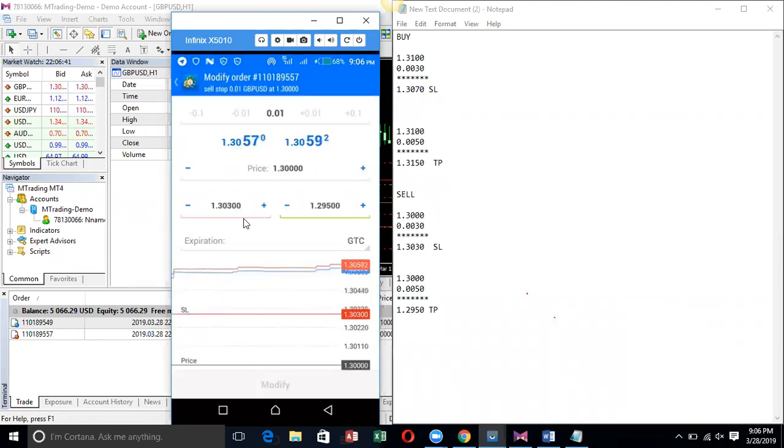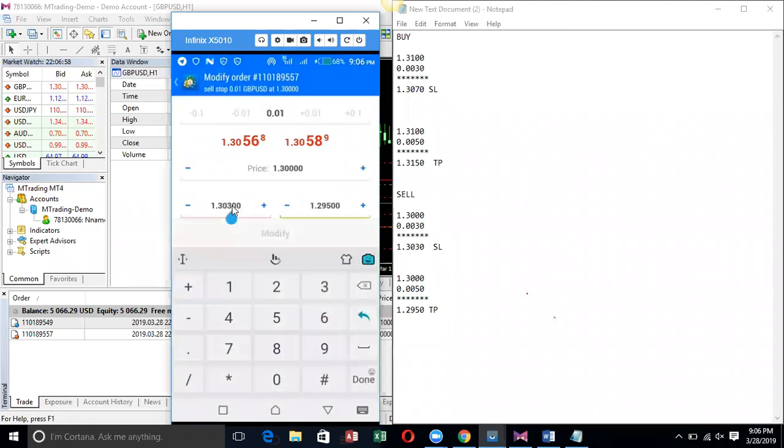But after every modification, let's take an example. We want to modify this now. We want to put 40 here. Let's assume it is 30, 40. We now have it 40. Then we now click on modify here. Are we following?